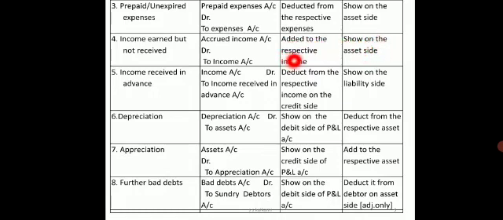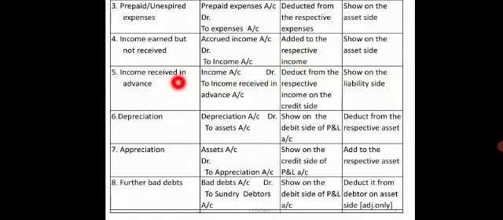Now in the trading account, sales is the main source of income and the only direct source. So leaving sales, any other incomes earned are indirect incomes, so they will come in the profit and loss account only. So such incomes which are earned and not yet received will be added to the respective incomes in the P&L account.